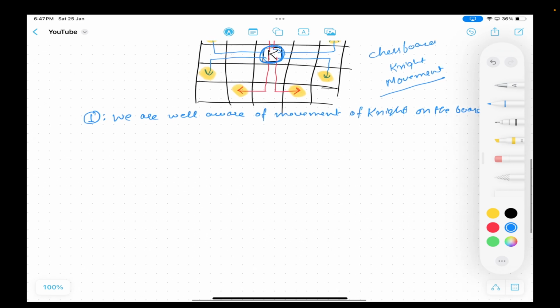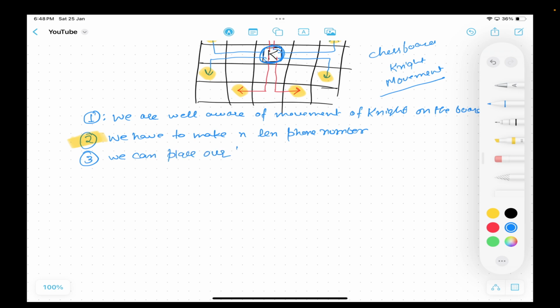Now second thing, we have to make n length phone numbers. This is one important thing that is given in the problem. Second thing, we can place our knight at any cell in the start.